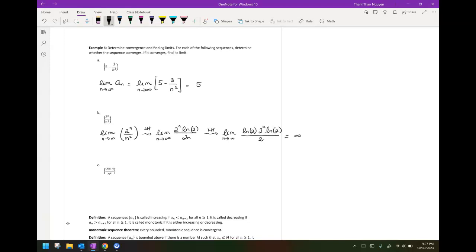This equals infinity. So here you can see the sequence is divergent. And in part A, we have convergent.